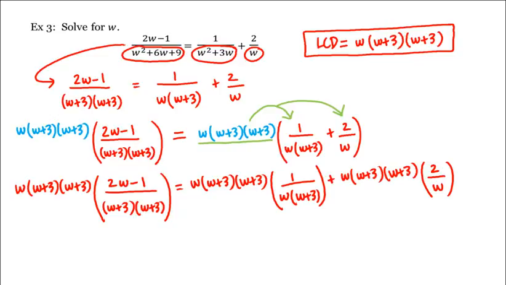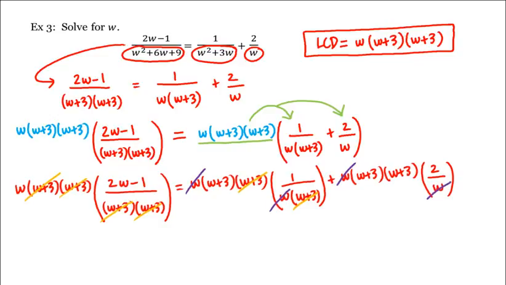And again, we can cancel these common factors both on the left and right, assuming, of course, that w does not equal negative 3. And as long as w is not 0, we can also cancel these common factors here.